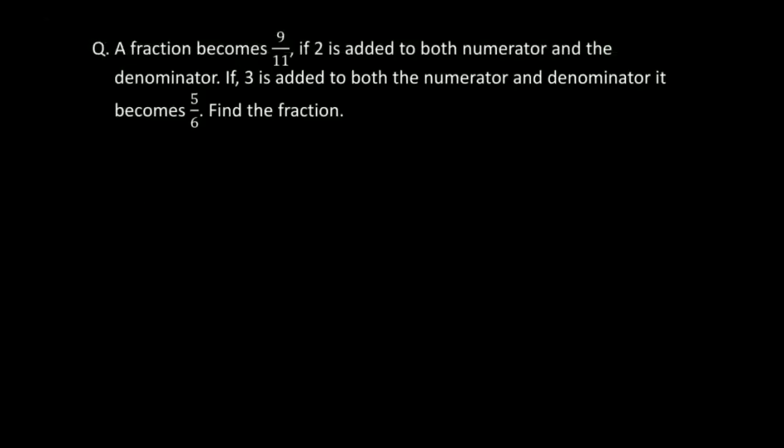Now we solve the next problem, and the problem is that a fraction becomes 9 upon 11 if 2 is added to both numerator and the denominator. If 3 is added to both the numerator and denominator, it becomes 5 upon 6. Find the fraction.